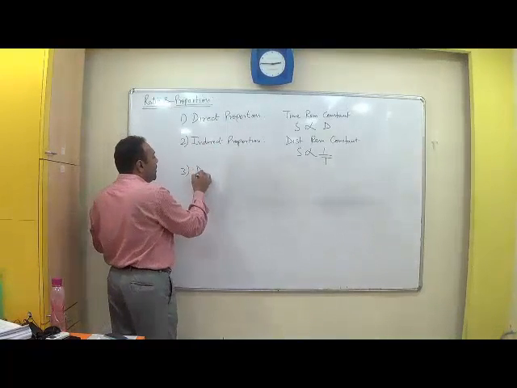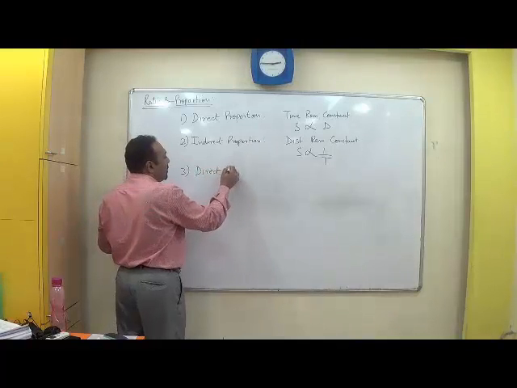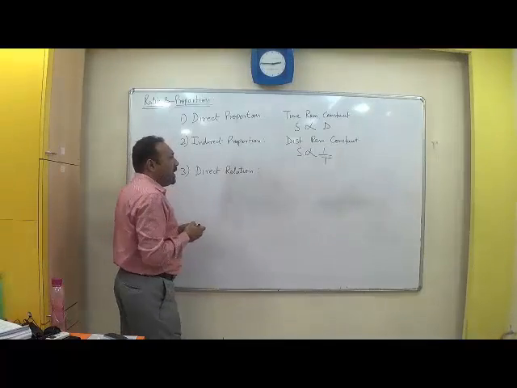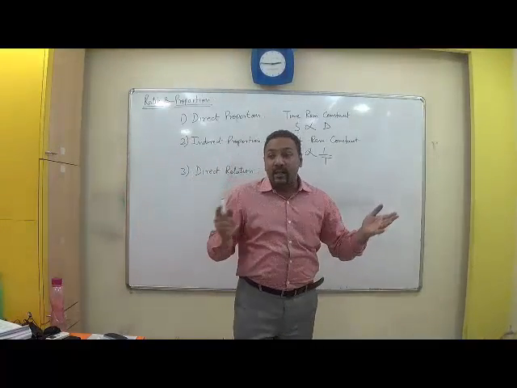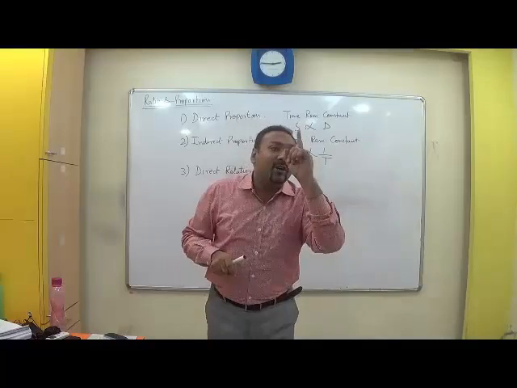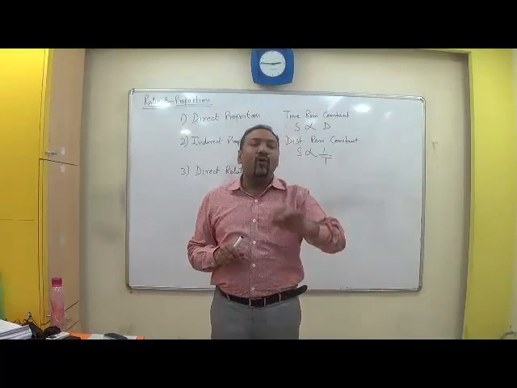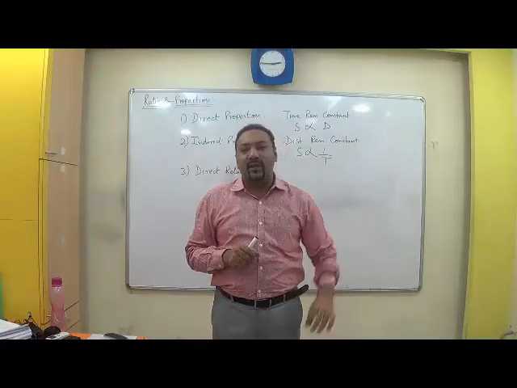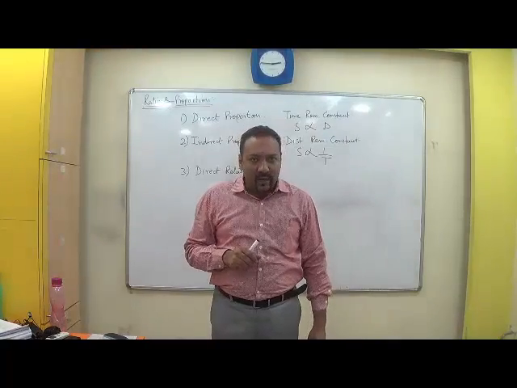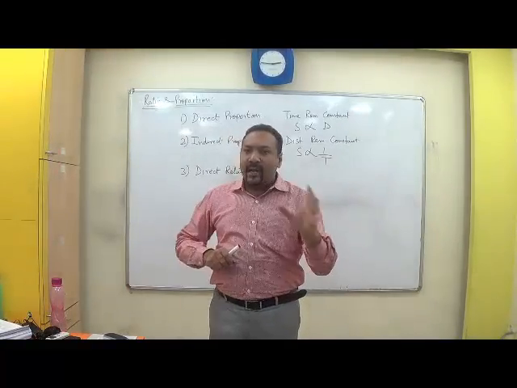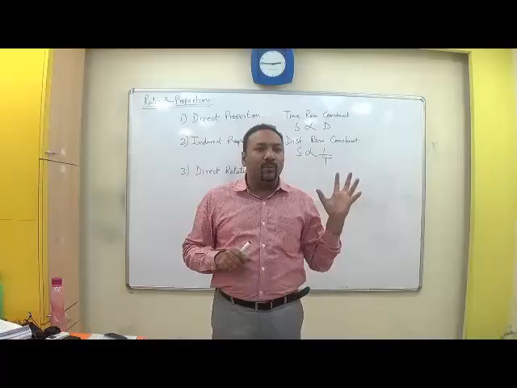Third thing is something which is known as direct relation. Direct relation means if one thing increases, the other definitely increases, but not in the same ratio. For example, we go and watch a movie at a drive-in theater. Per person 10 rupees, per vehicle 30 rupees.